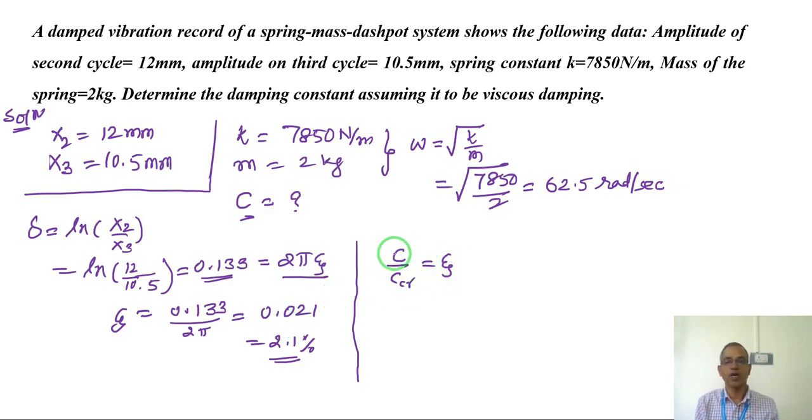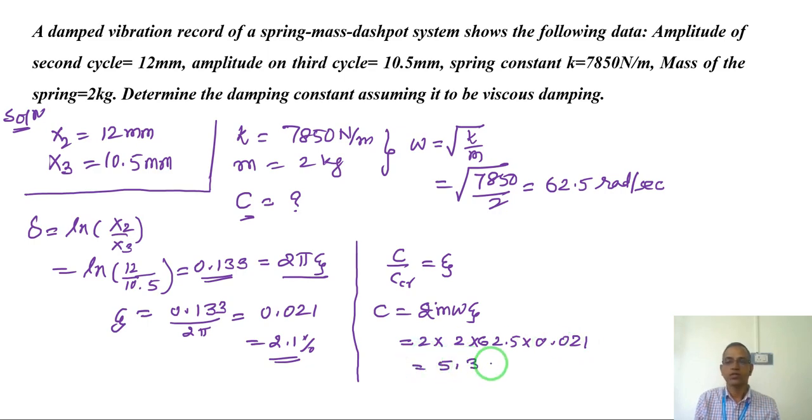Ccr is 2m omega, then C will become 2m omega xi, where 2 into m is 2 kg, omega is 62.5, xi is 0.021, which gives me 5.32 Newton second per meter as the damping coefficient.